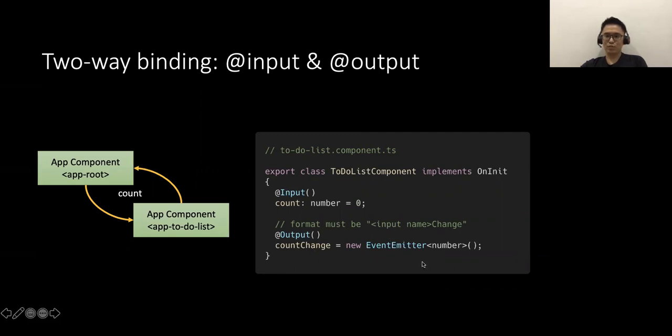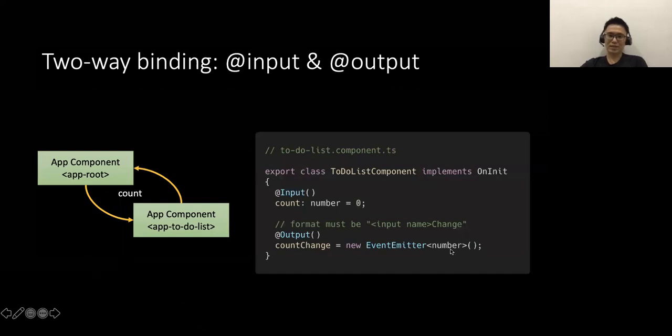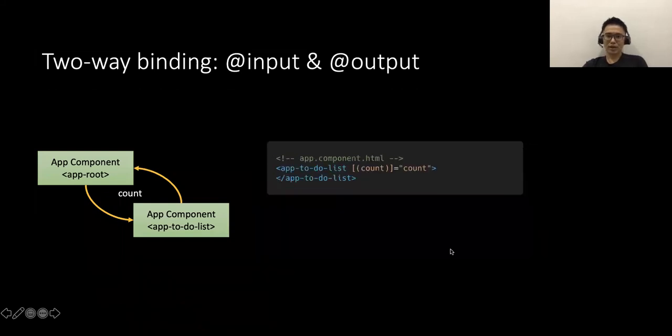And the output must be assigned as an event emitter. So to handle the two-way binding, we use a square bracket on the outside and the round bracket on the inside. All right, so this is how we handle two-way binding.